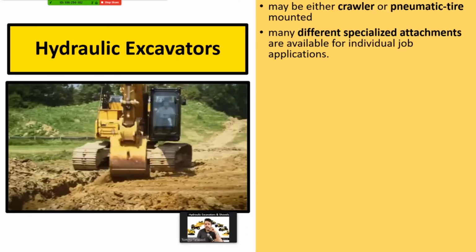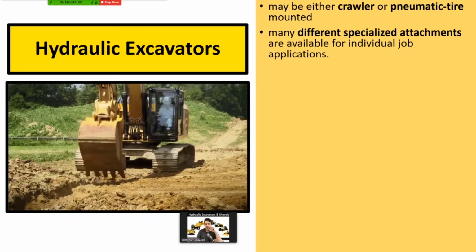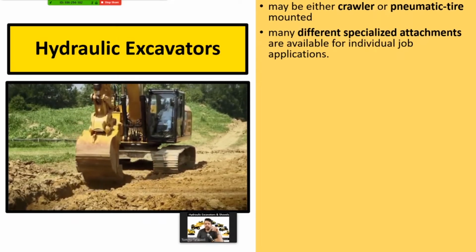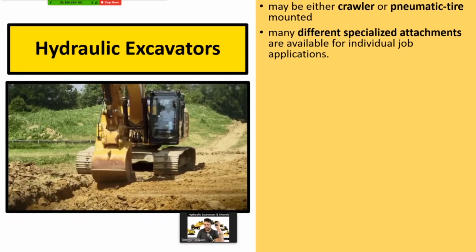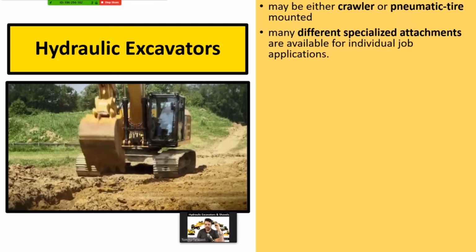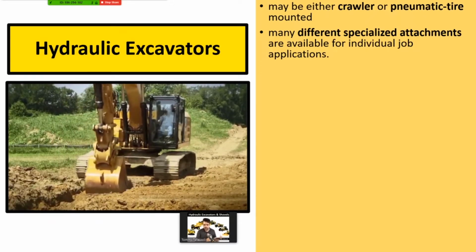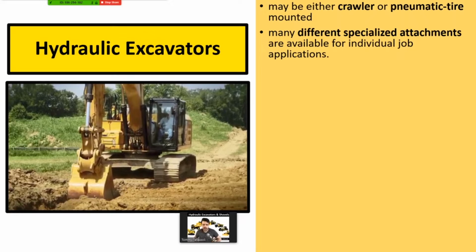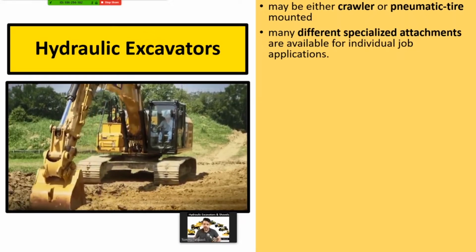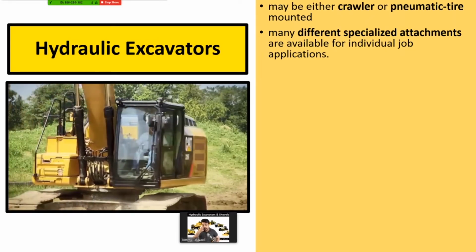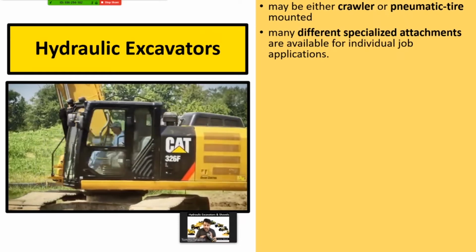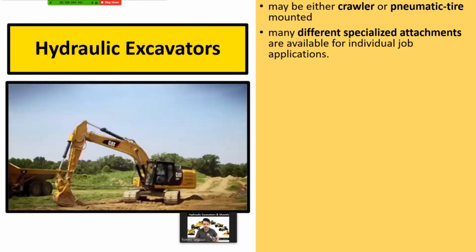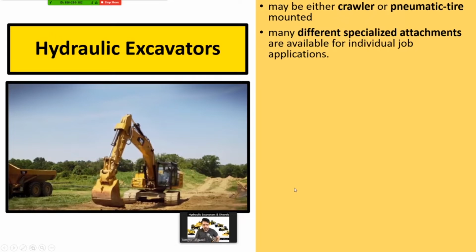You can attach and detach, and most of the time you have at least 3 or 4 depending on the job nature. You store them somewhere on the job site, and the operator can disengage and engage new attachments based on the need.